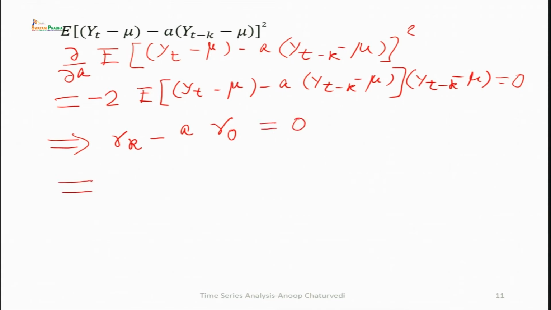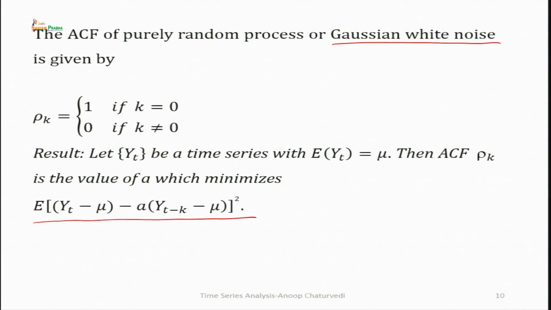Then this implies that A is equal to gamma k upon gamma 0, which is rho k. So, we get the required result that the ACF rho k is the value of A which minimizes this quantity.